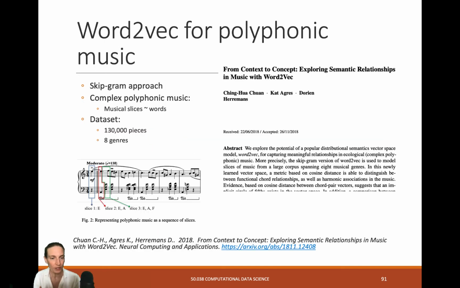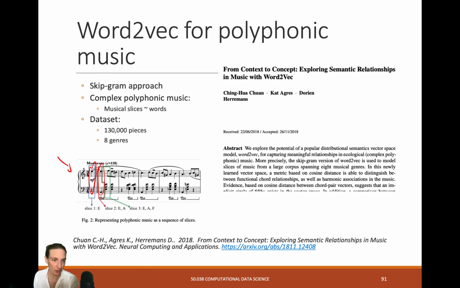Right, so what did we do as a follow-up on this work? Well, we looked at complex polyphonic music, which is music that looks like this. In this complex polyphonic music, we decided to slice our data, the boxes you see here, and each slice was just replaced with word 1, word 2, word 3. So the model was not given any information about what is in these musical slices.